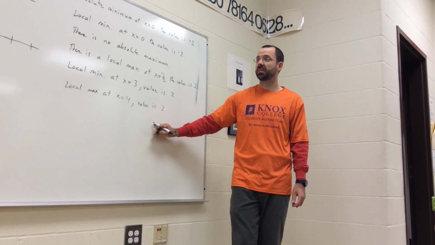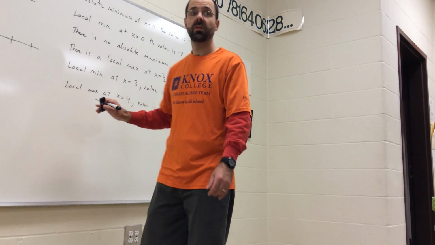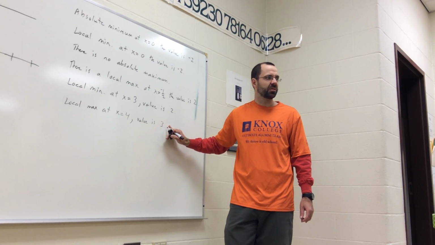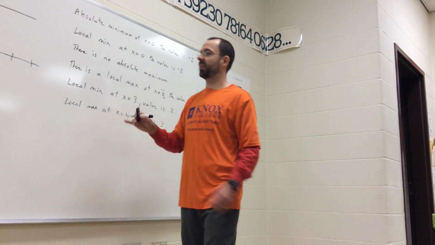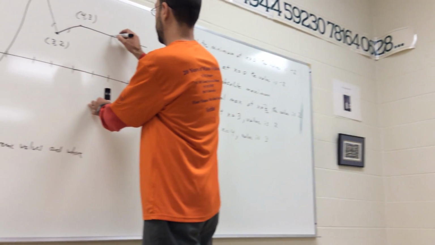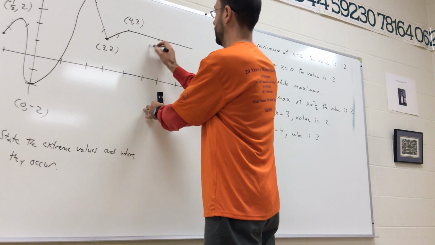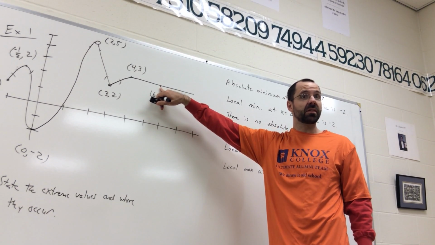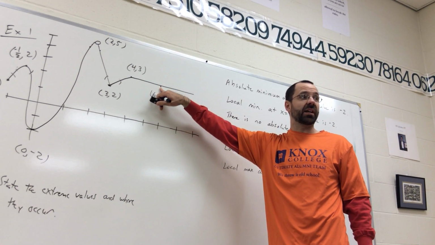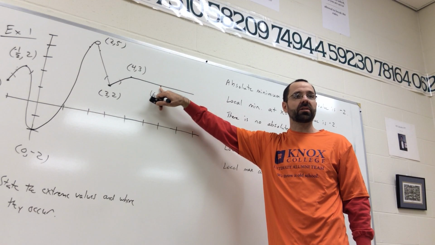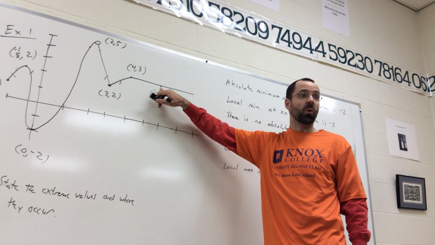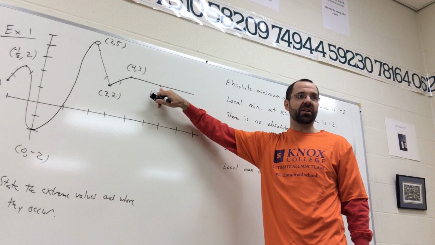Is everybody okay with this? Kind of strange. Okay, so now Michael's saying, what about at 6? That's a local max because it's greater than or equal to all the points near it. It's also a local min because it's less than or equal to all the points near it.